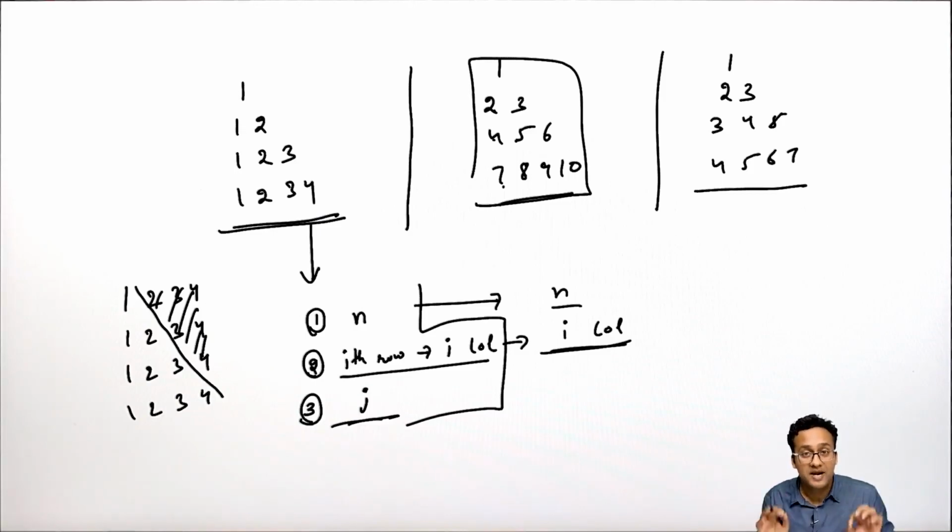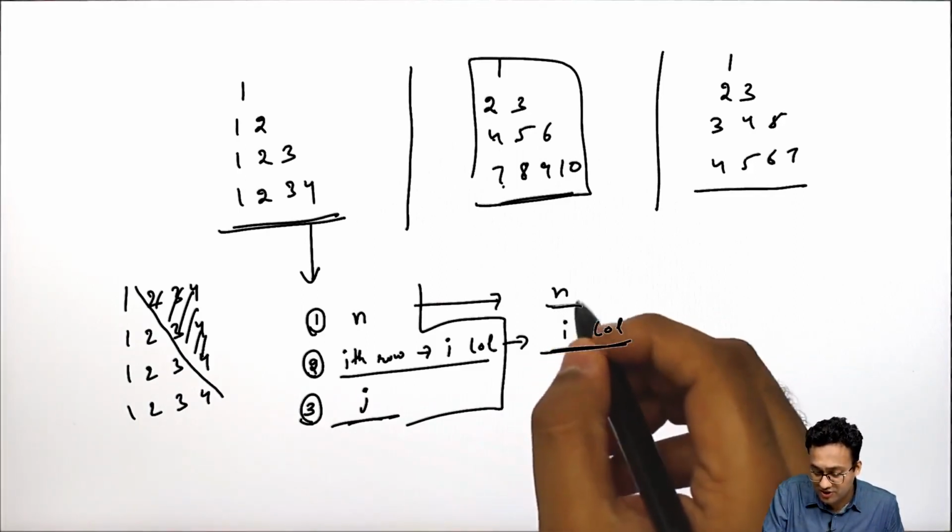So I think a better way of writing code for this pattern would be, let's have a P, not I, not J. Let's have a P which starts from 1, right? We never reset it. It starts from 1, it keeps increasing, and we keep printing it. So we are going to decide the structure using these two values.